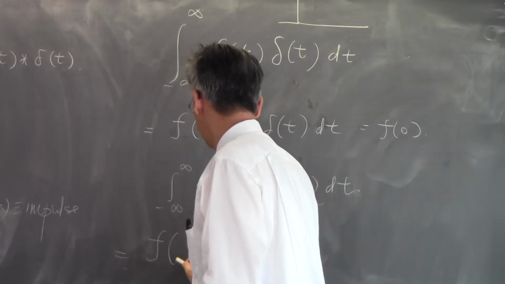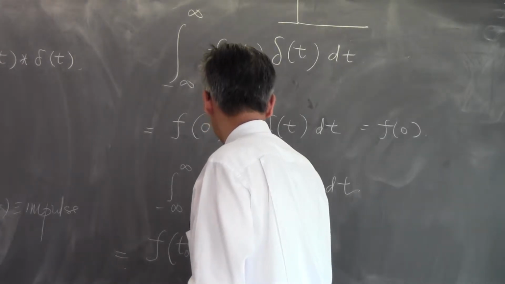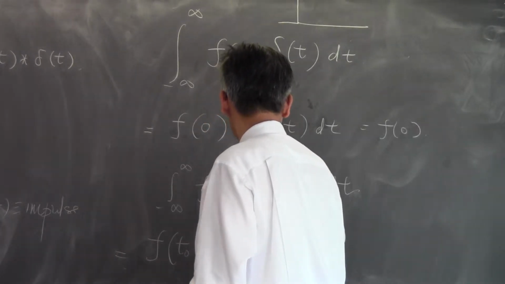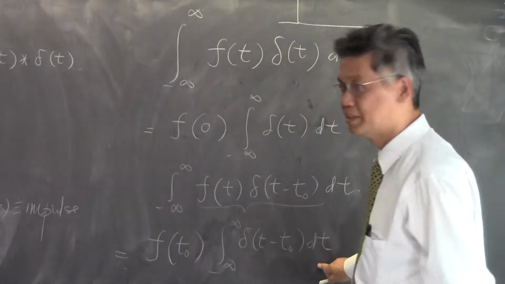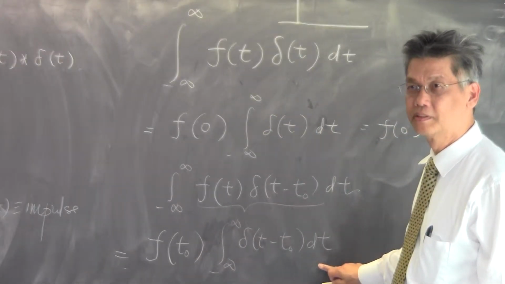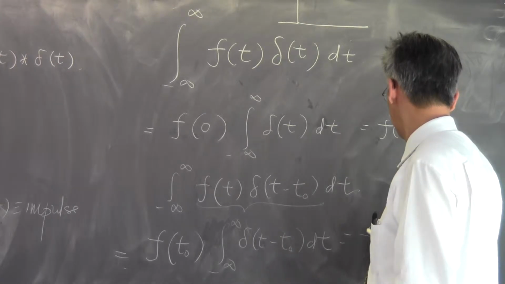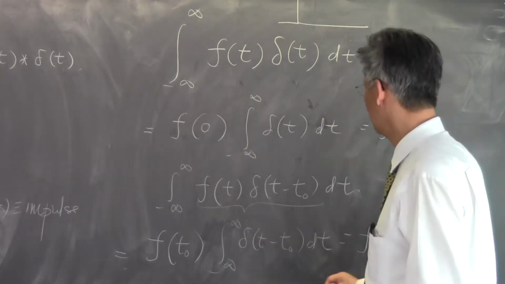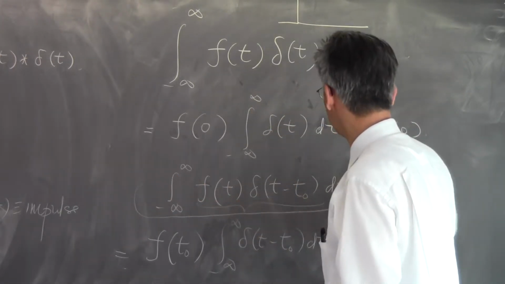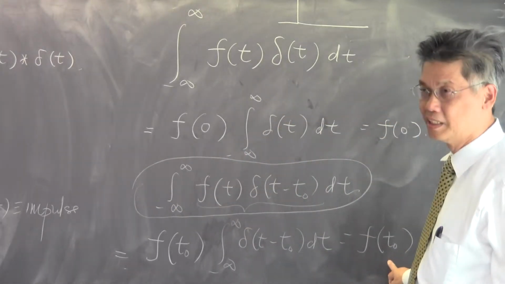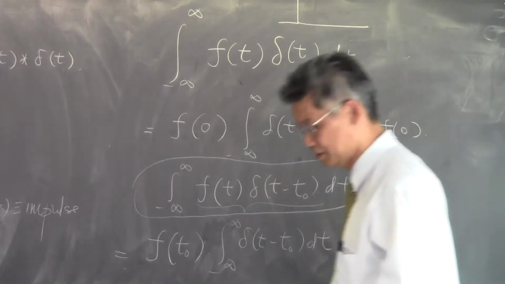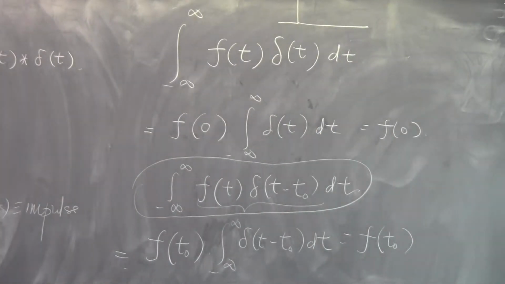So you can actually evaluate this function at t0 and then integrate the impulse again. And what is the area of this impulse, even if it's shifted? It's 1, okay, f of t0. So the impulse function has this property that when multiplied by any function, it just takes its value at that particular location. Okay?